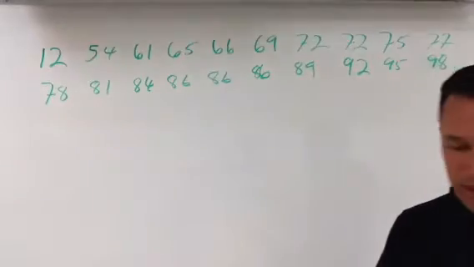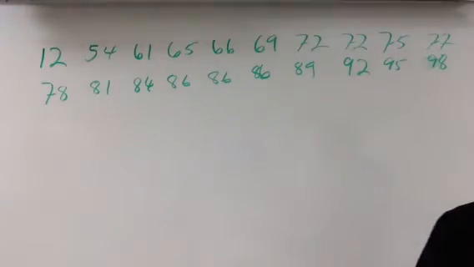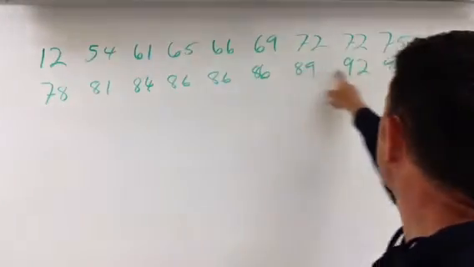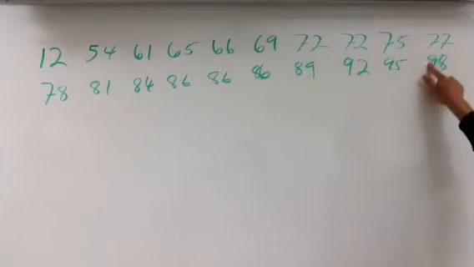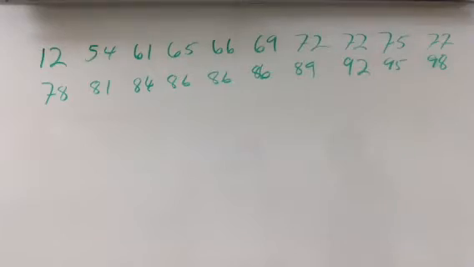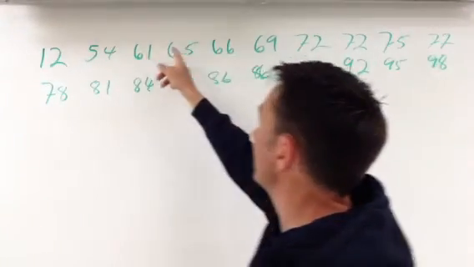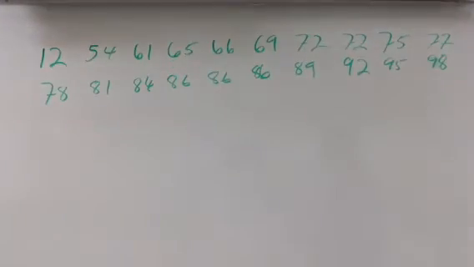Now, here's a couple examples on how we use it. Here's our pieces of data. Maybe they're scores on a test, starting with 12, going all the way to 98. Now the first thing we want to do is find mean. So we have to add up the 12, the 54, 61, 65, all these different numbers, and we get a total.